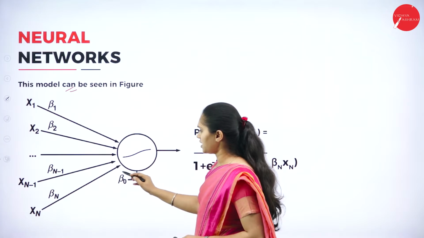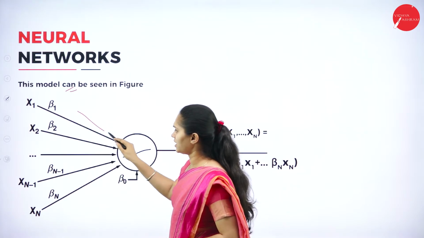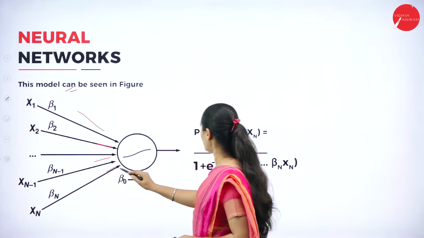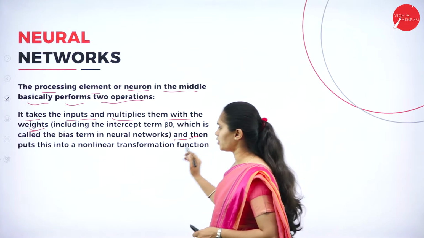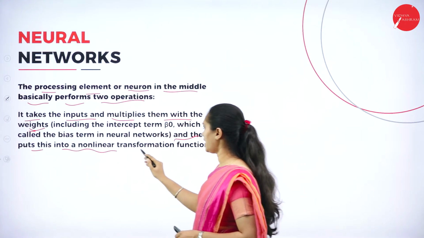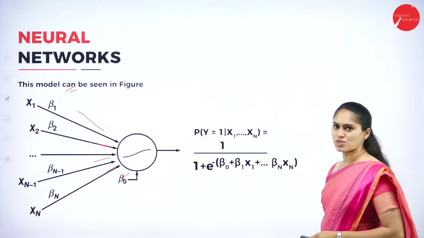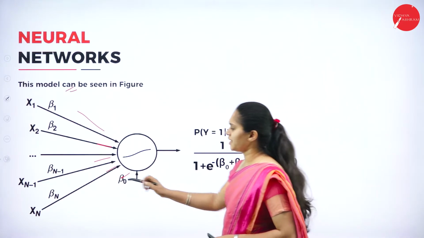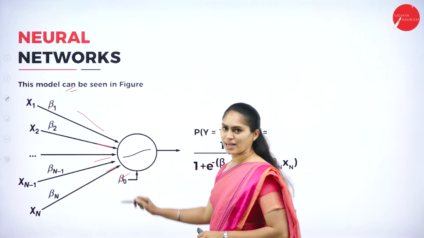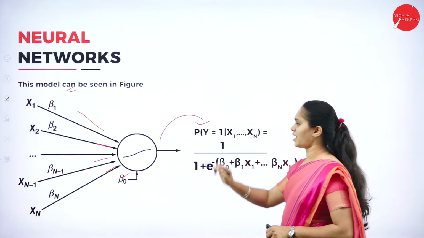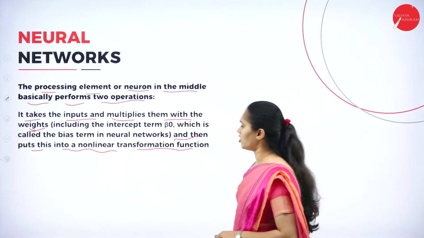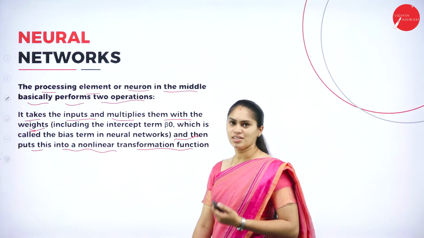All these inputs will be multiplied. Then it will put this into a non-linear transformation function, which you can see here. It will take the inputs, the middle neuron will multiply them, and then at last it will put that through a non-linear formula or non-linear transformation function.